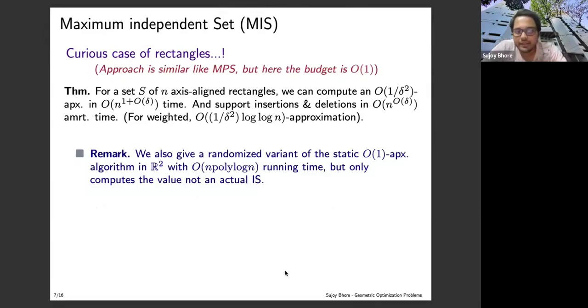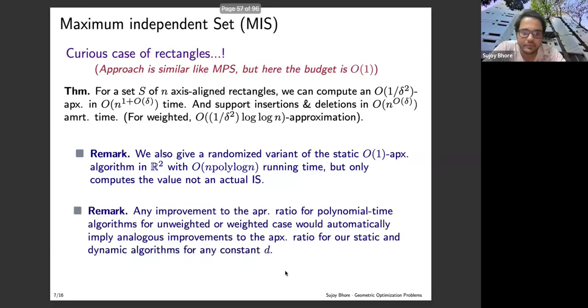So this randomized variant also works in the independent set case, and we can get a constant factor approximation running in order n polylog n time. But again, this does not compute the actual independent set. This only computes the value of the independent set.